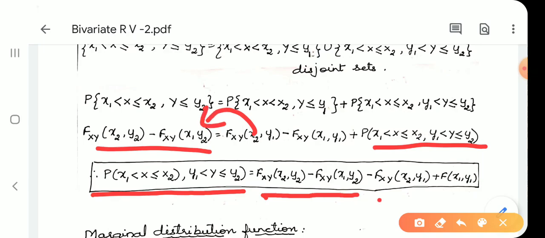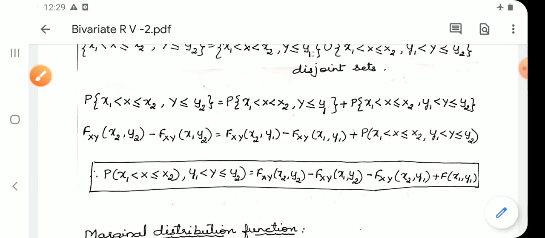It becomes minus F_XY of x2 comma y1. When this moves to the left hand side, it becomes plus F_XY of x1 comma y1. So this proves the fourth property also. So we have studied altogether 4 properties of the joint CDF.